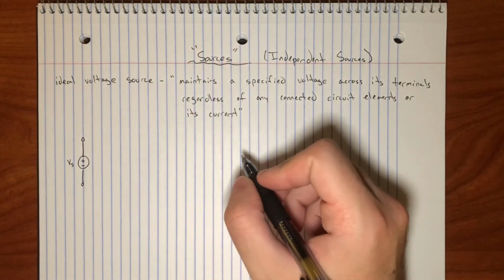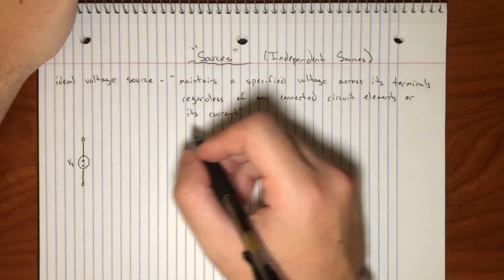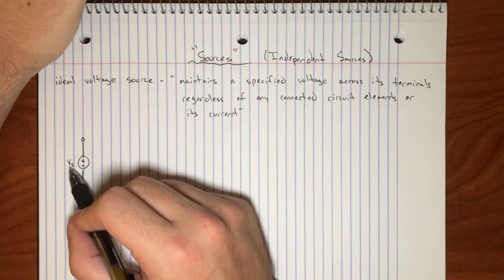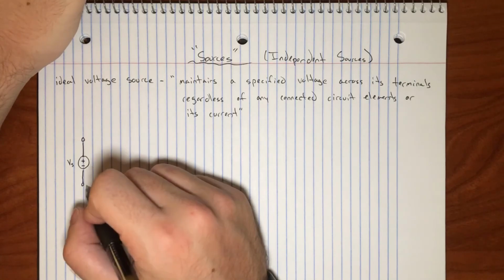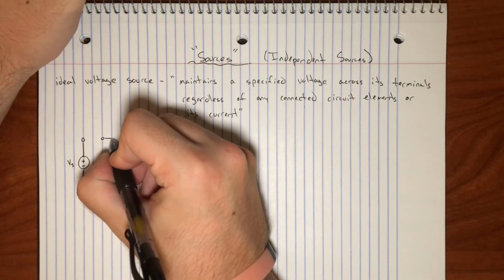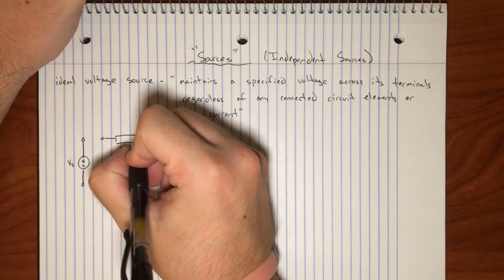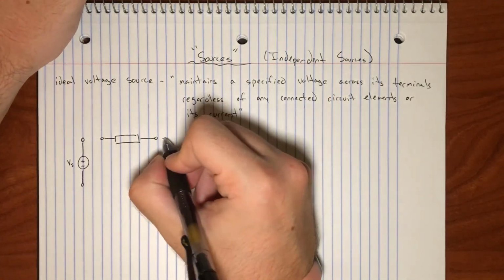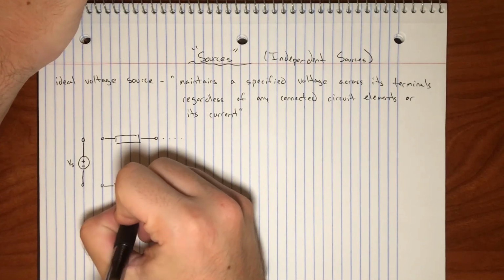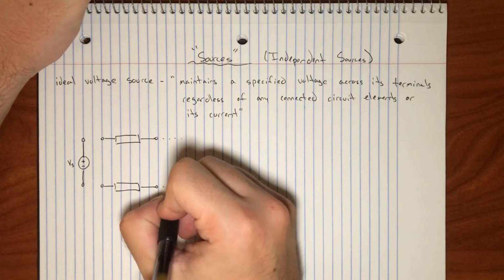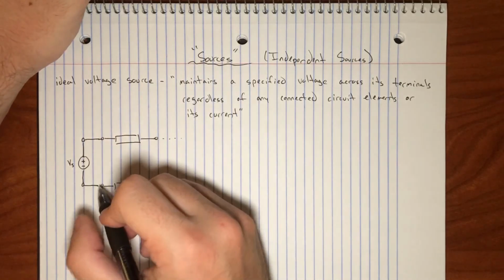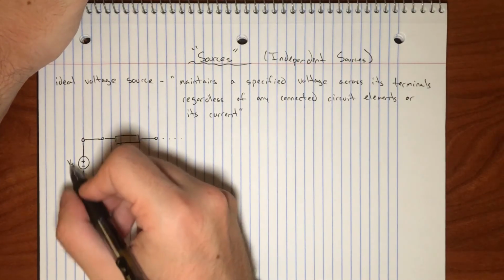Now let me talk a little bit more about this definition. It says that the voltage across the source will be V sub S regardless of what you attach to it. You can imagine I have some general elements here, and these go off and do something, and I have an element here, and this goes off and connects to something, but then these elements are connected to this source. We've closed our circuit here.